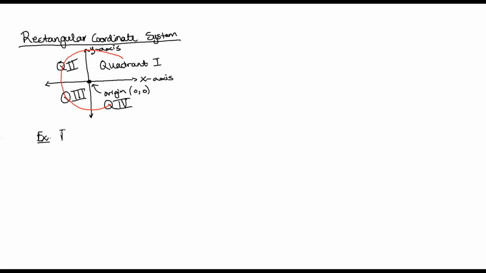So for this one, we want to plot the given points. And again, if you remember plotting points, I would pause, plot them, and make sure that you know how to do them. If not, start with me and then pause once you get the hang of it. We're going to go A through D, and then E through H.